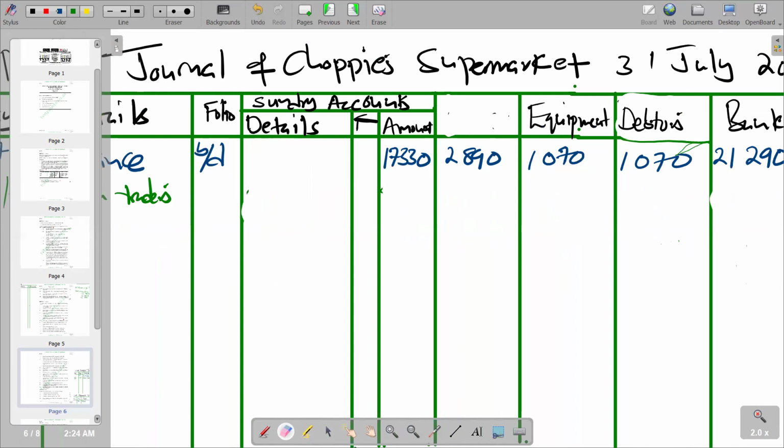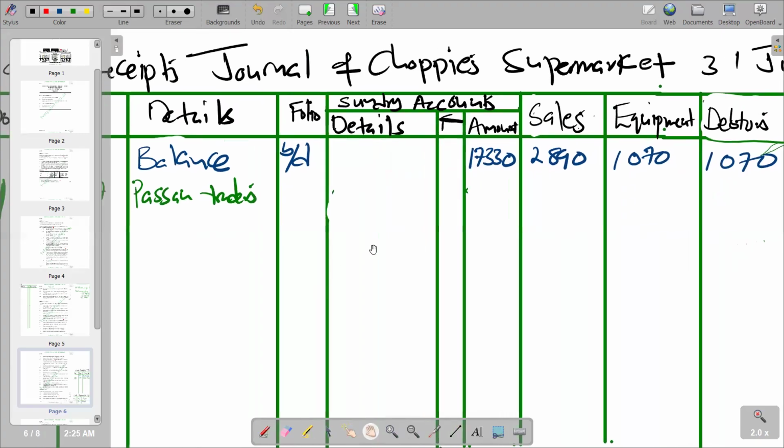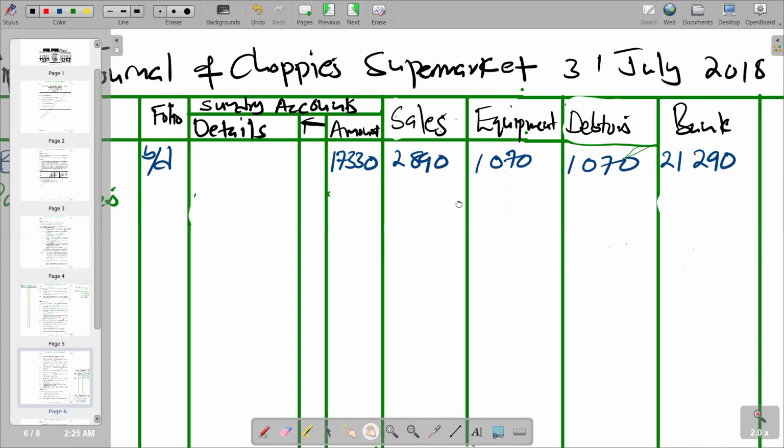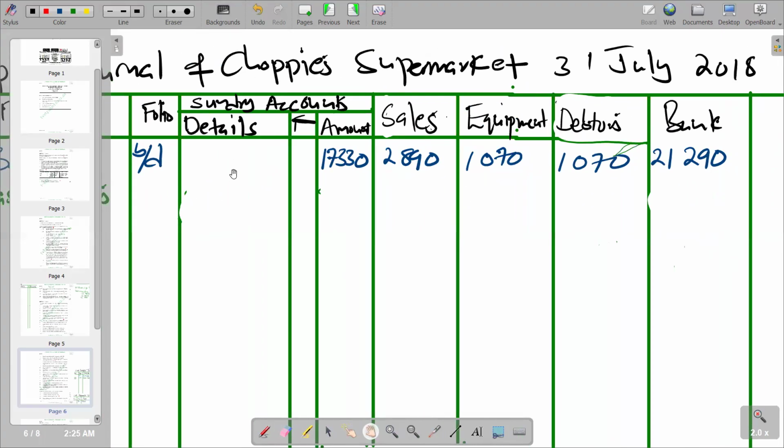So here we have sales. So we are saying, does this amount qualify under sales, equipment, or debtors? It doesn't qualify, which means you have to put it under sundry accounts. You see that this is a creditors control figure that we are writing off, so it doesn't qualify in these three.